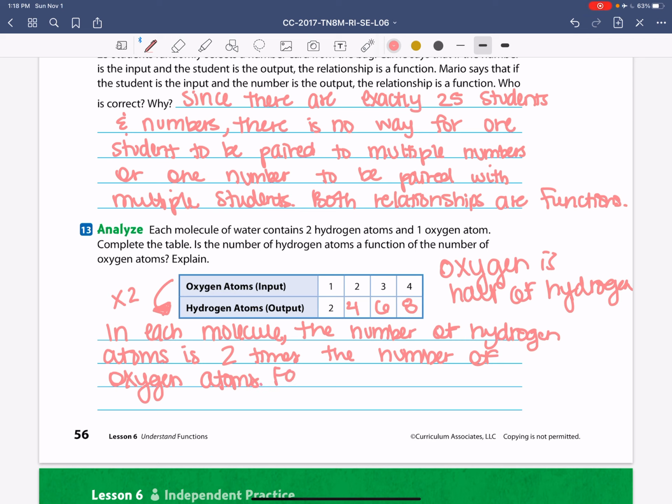So for any input, there can only be one output. So this means that the number of hydrogen atoms is a function of the number of oxygen atoms.